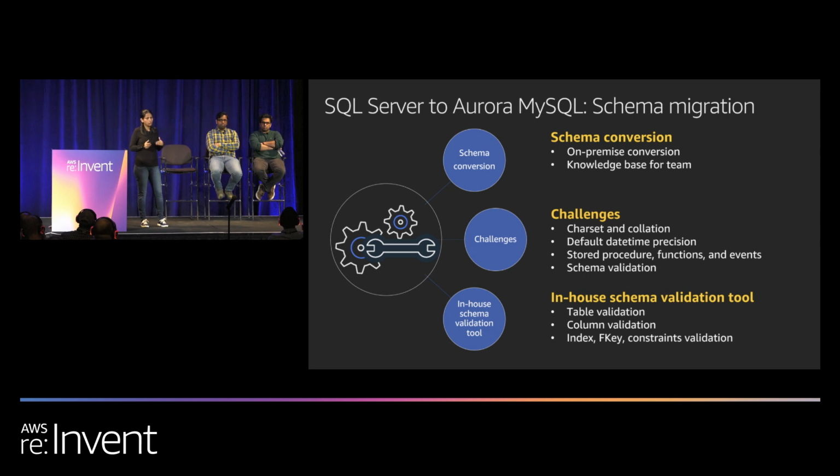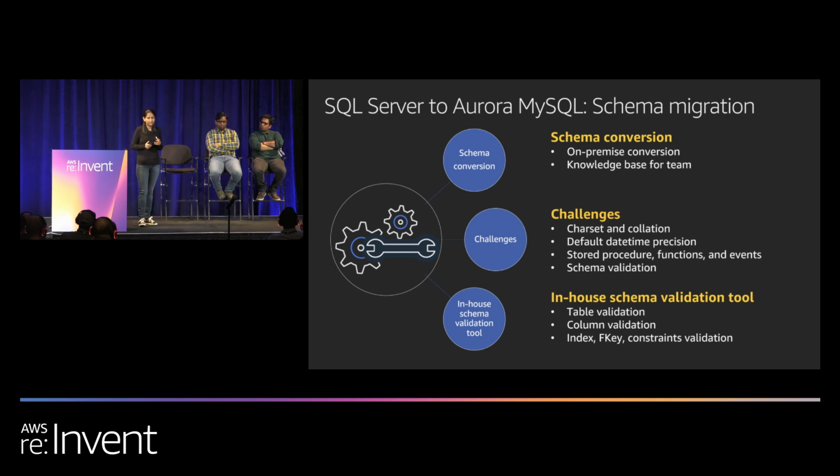Again, we had to do a lot of trials to figure out what would be the most suitable char set to support all the data we had in the source in the target. So we had UCS2 char set in the source, and we had to use UTF-8 MB4 in the target database. But the good part of that was we were able to reduce the database size considerably because of the choice of this char set in the target database.